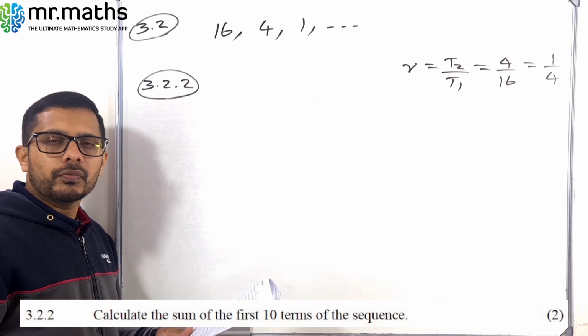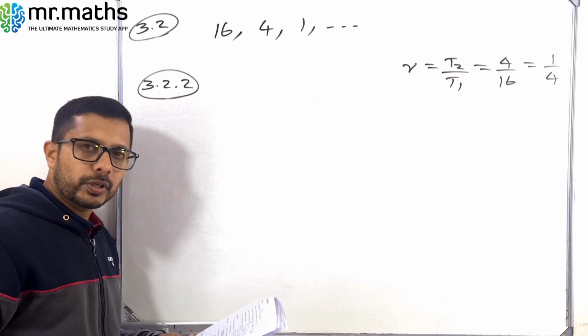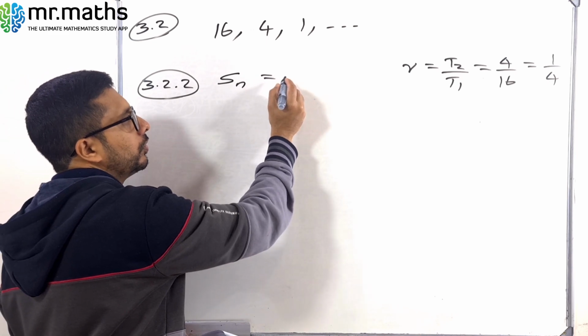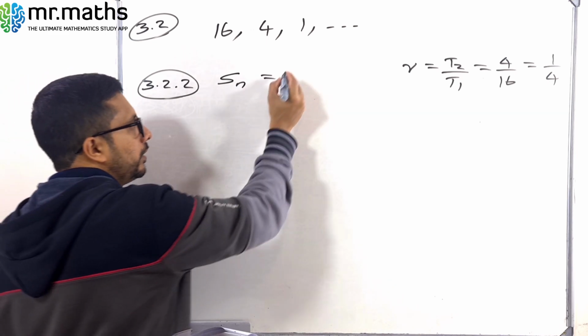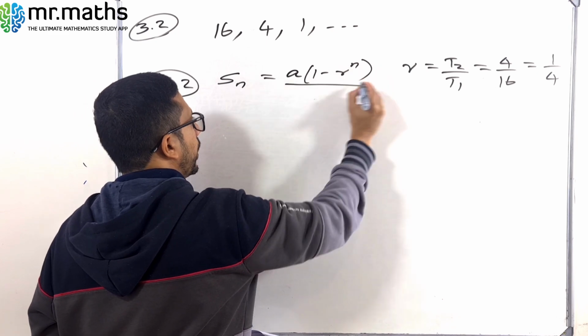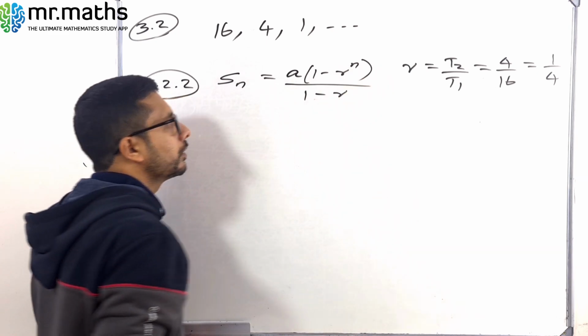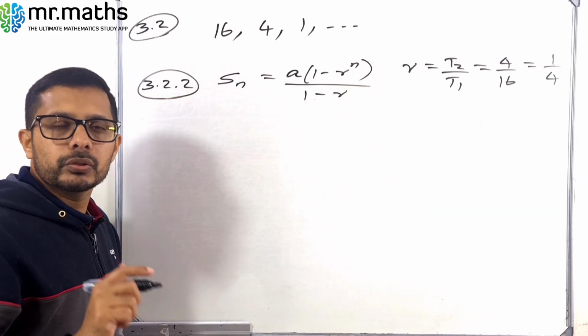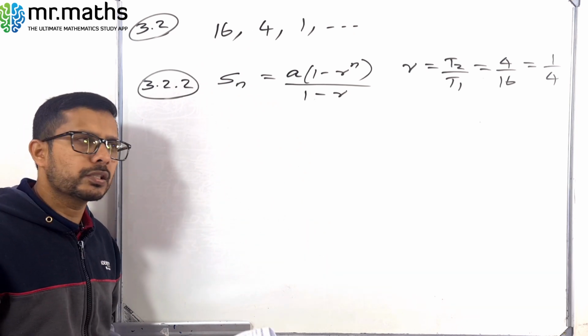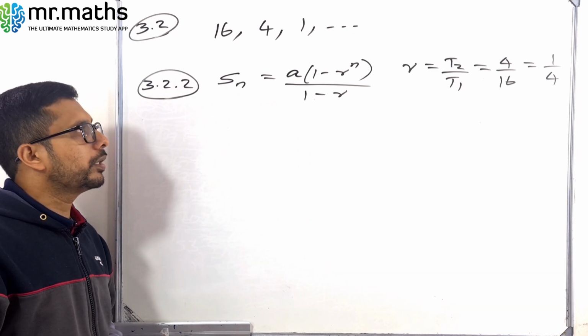So what is the formula to find the sum of a geometric sequence? You know the formula, Sn is equal to, what is the formula? A into 1 minus r raised to n divided by 1 minus r. Or in some schools you studied a into r raised to n minus 1. Okay, it's the same thing. You will get the same answer.